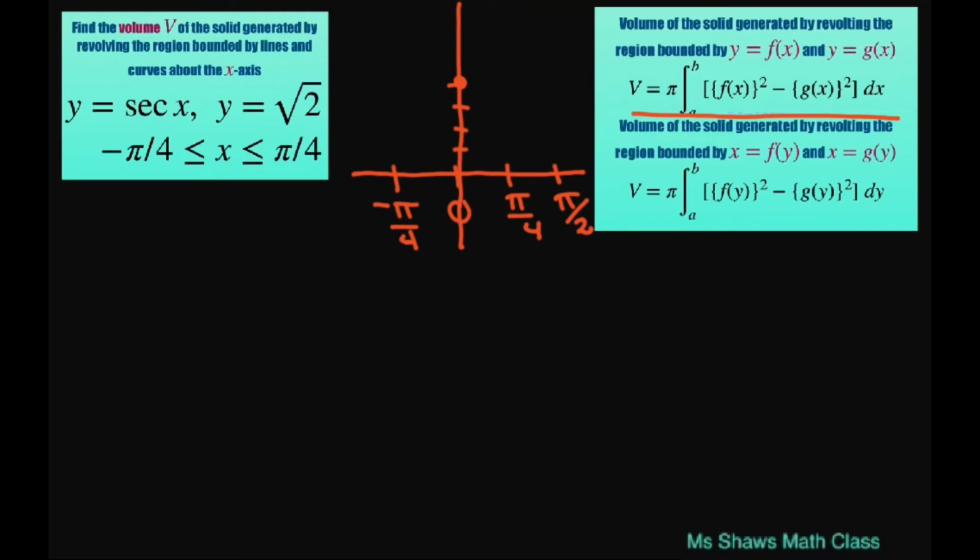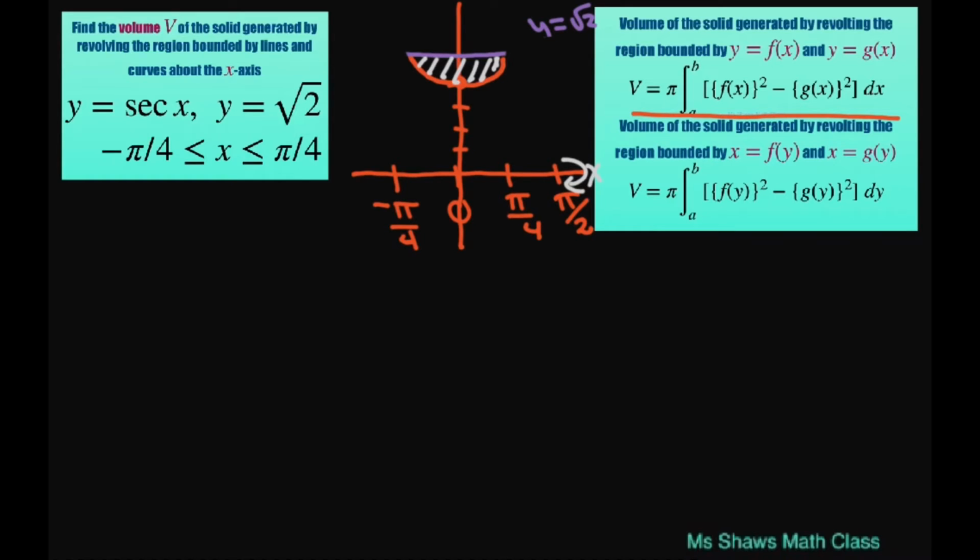Square root of 2 is approximately 1.41. So I'm just sketching this. So here's your line, y equals square root of 2. I'm going to cross this out here a little bit. So the shaded region is right here, and we're revolving about the x-axis here.